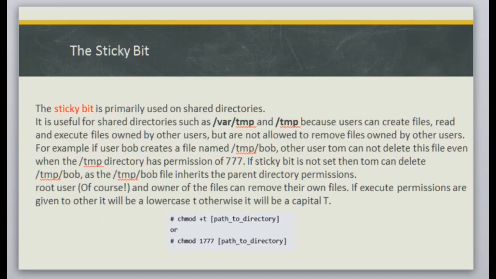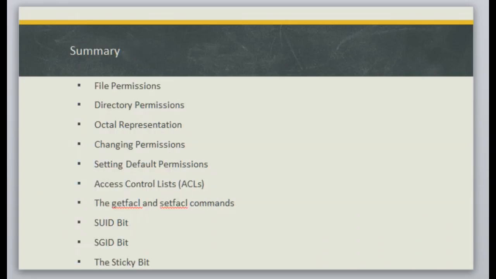So those are the more effective permissions as opposed to access control lists. So let's go ahead and summarize what we learned today. Today we went over file permissions, directory permissions, octal representation, changing permissions, and setting default permissions. We took a very brief look at access control lists and the getfacl and setfacl commands. And we went into the set user ID bit, set group ID bit, and the sticky bit.